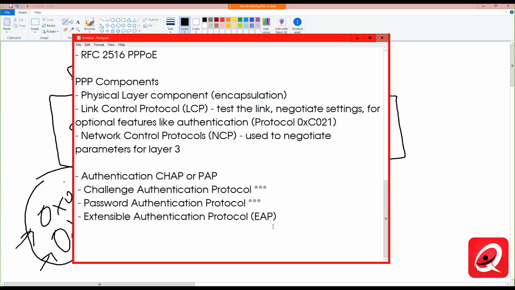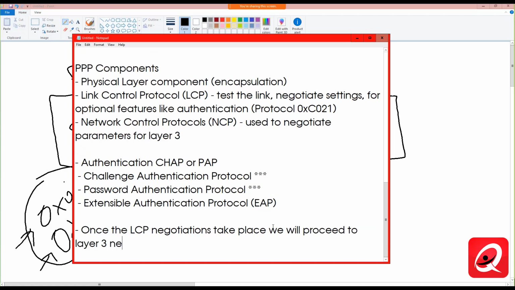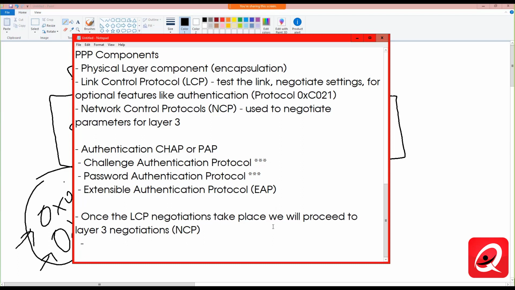All right. So once the LCP negotiations take place, we will proceed to layer 3 negotiations. And that's where NCP comes into play in this particular case.